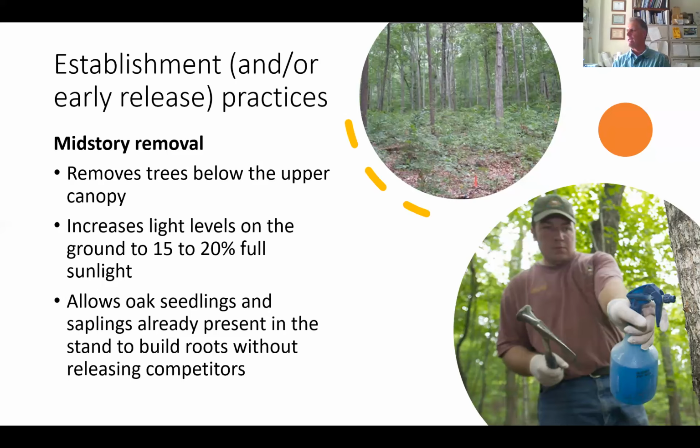This may not sound like a lot, but this allows oak seedlings and saplings that are already present in the stand to continue to grow and to build those root systems. And it does so in a way without releasing a lot of competitors. So now we're building our roots, we're allowing our oaks to become bigger and much more competitive in size. And if we should, at some point down the road, do a regeneration harvest, now those oak seedlings could be quite competitive.